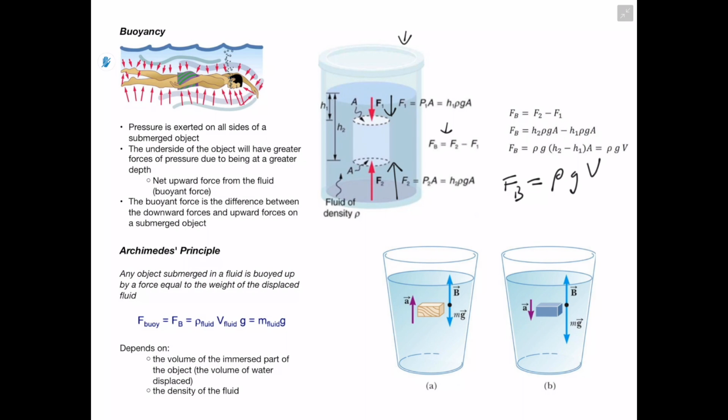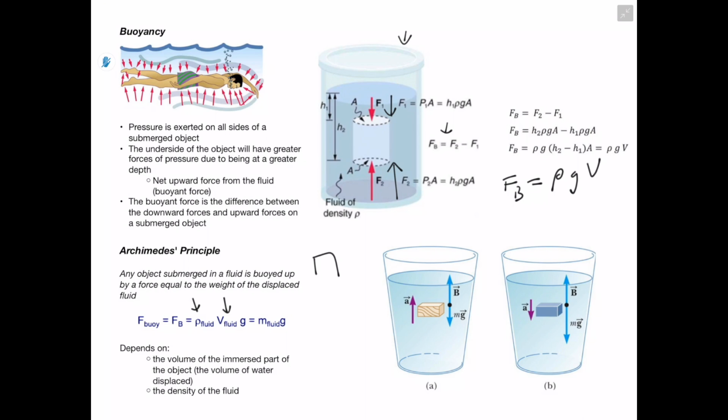We're going to see this a little more clearly when we look at Archimedes' principle, which states that any object submerged in a fluid is buoyed up by a force equal to the weight of the displaced fluid. So here, our density is going to be the density of the fluid, not the object, and our volume is going to be the volume of the fluid displaced. If we have an object that's completely submerged, it's going to be the volume of that object.